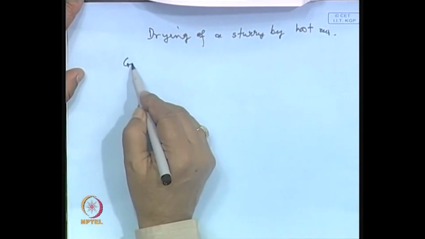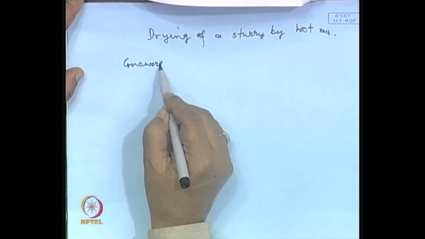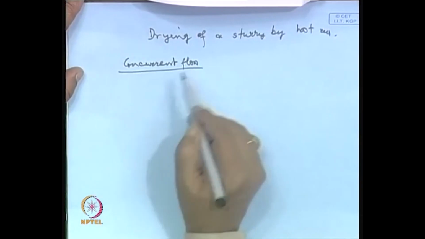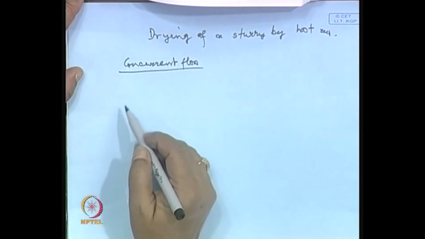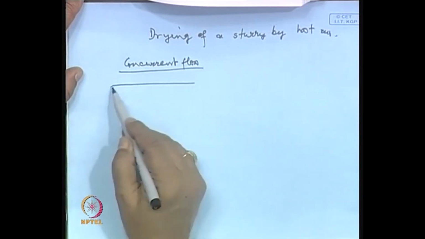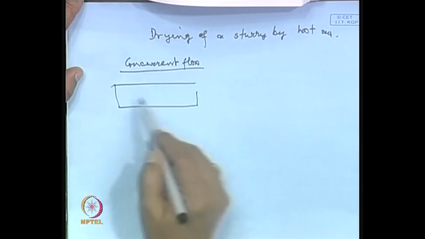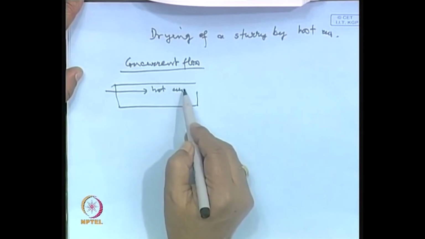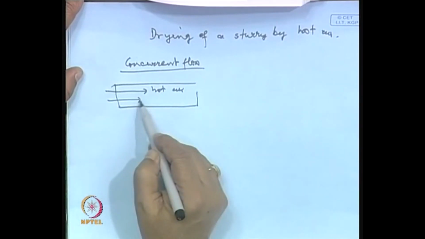In concurrent flow means where the slurry and the hot air are going in the same direction. Schematically, it is like this: hot air and wet slurry.